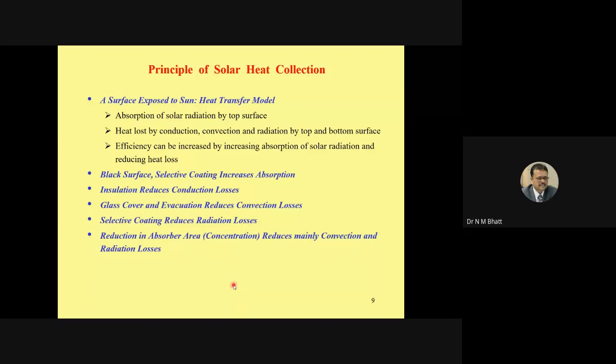Today also, the collector which I am going to discuss uses the commercially available evacuated glass tube. We have modified that tube to deliver heat at higher temperature. Then the next option is we can go for a selective coating.